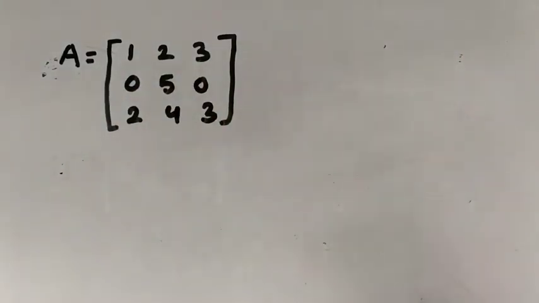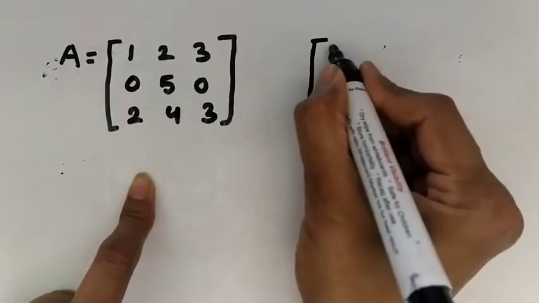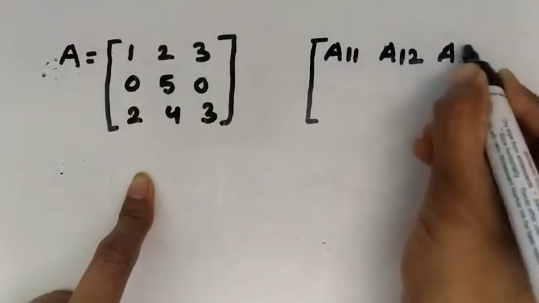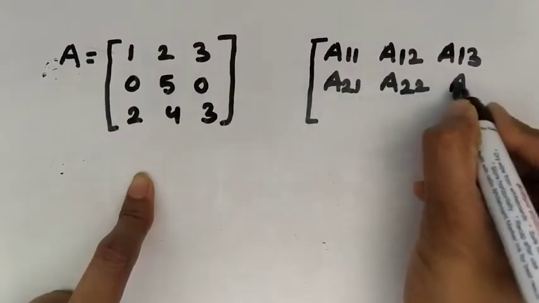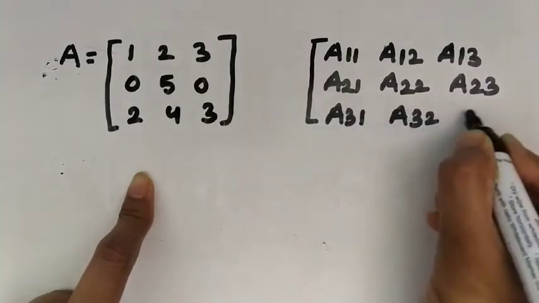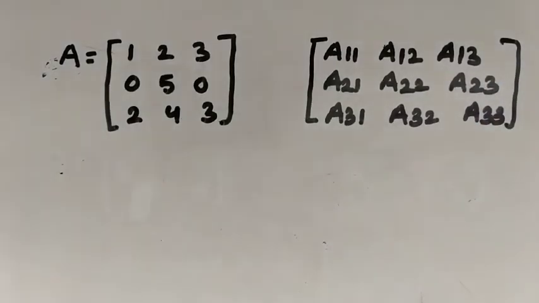Then we will substitute the values of cofactors and then we will take transpose, and finally matrix obtained will be adjoint of given square matrix A. So firstly we will replace all elements by their corresponding cofactors. I will write A11, 9 elements, so 9 cofactors, A12, A13, next A21, A22, A23, A31, A32, A33.